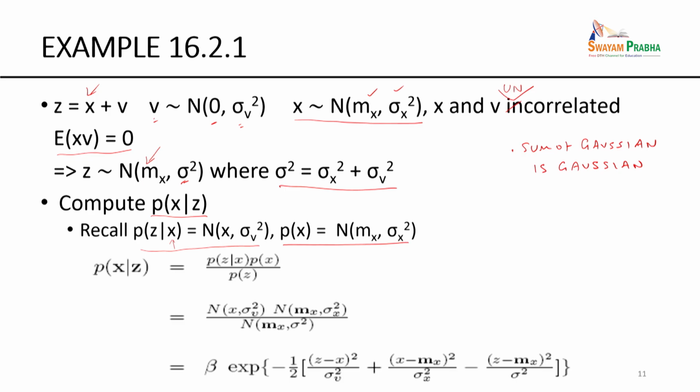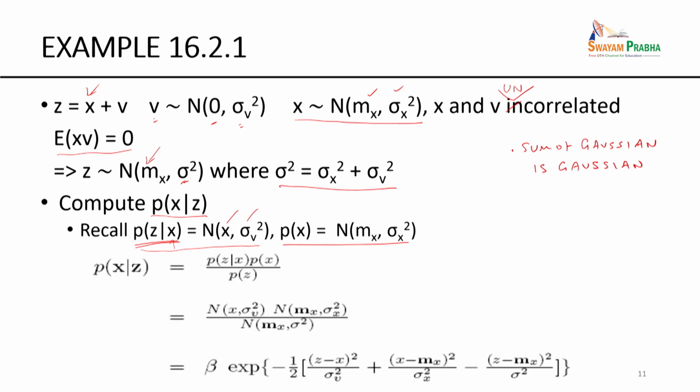The randomness in z is only because of v. So the mean of v is 0, so the mean of z given x is only x. X is given, it has no variance, because I am assuming that x is given to me. So the variance of z will be equal to sigma square v. So this is the conditional distribution of z given x.